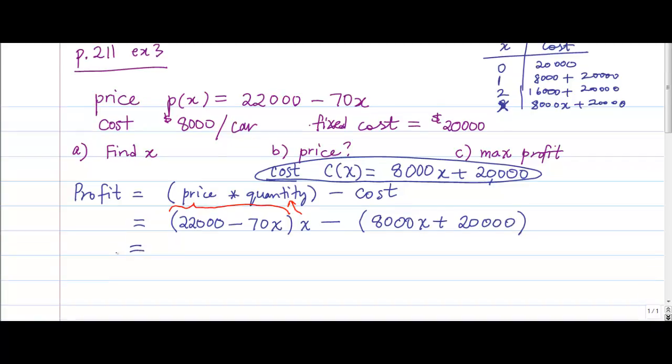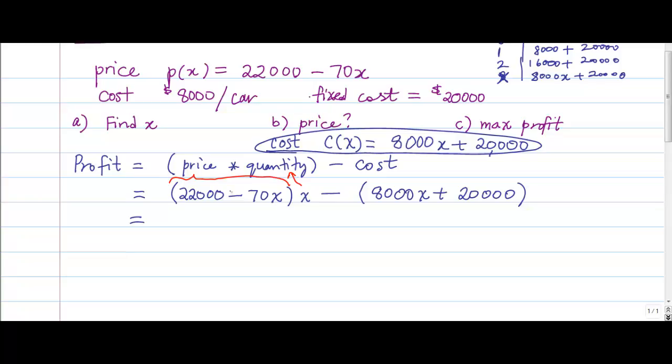Okay, so now we have to simplify this. So I'm going to multiply the x here, so I get 22,000x minus 70x squared minus 8,000x minus $20,000. Okay, so then I'm going to subtract 22,000 minus the 8,000. So what does that give me?